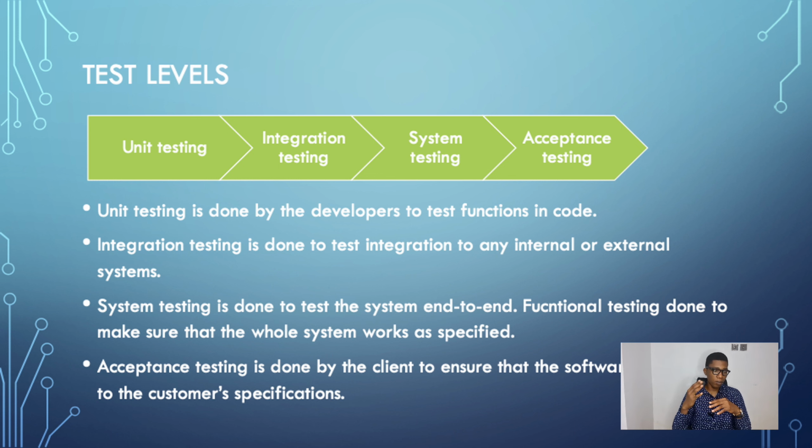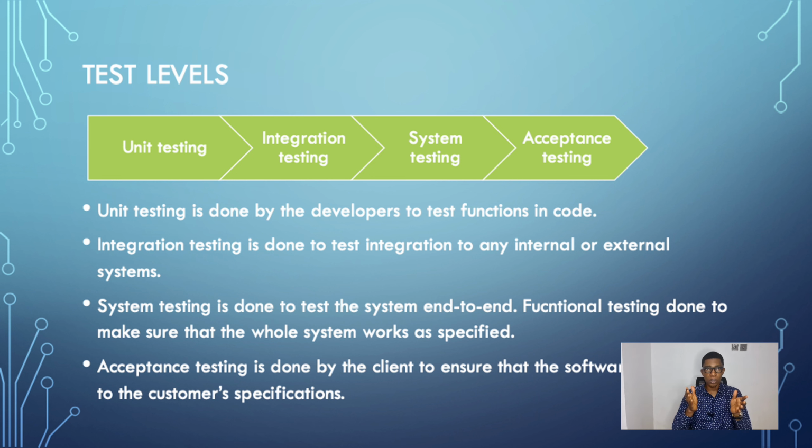Okay, so the next level of test will be integration testing. Integration testing refers to testing the software integrations. If that software is connecting to a third-party API, a third-party system somewhere, that integration needs to be tested to ensure functionality.